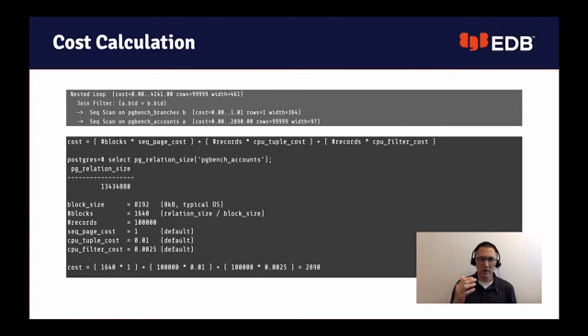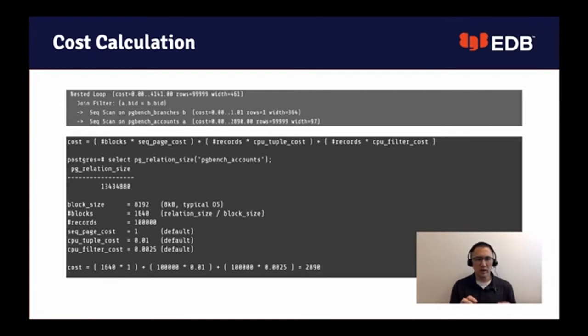Now we break that down. Let's get the relation size. The pgbench accounts table is 13 megabytes. Divide that by the block size on disk: 13 megabytes divided by 8 kilobytes gives you 1,640 blocks. So you do 1,640 blocks times the sequential page cost, which is 1640.